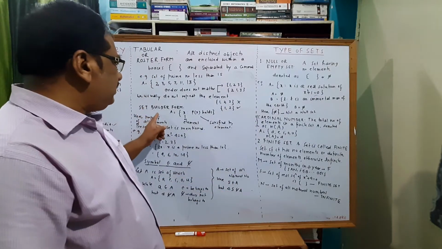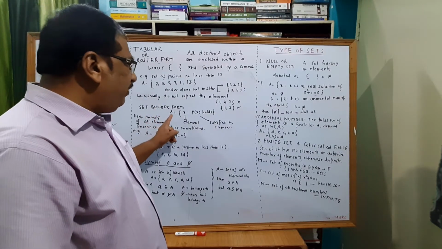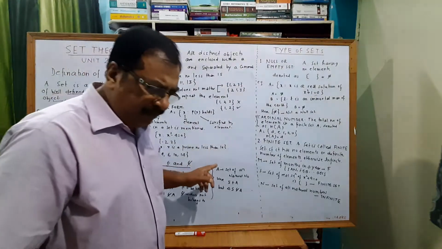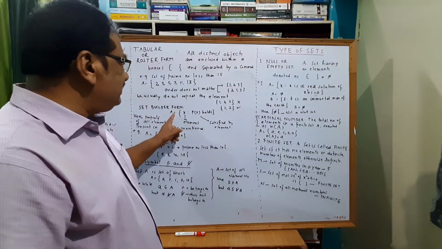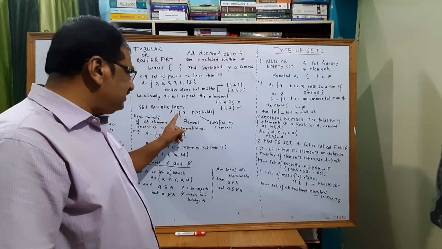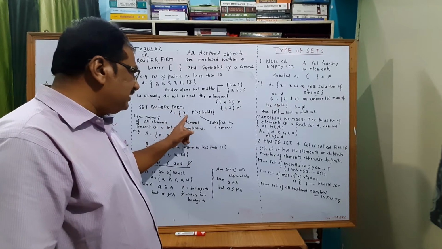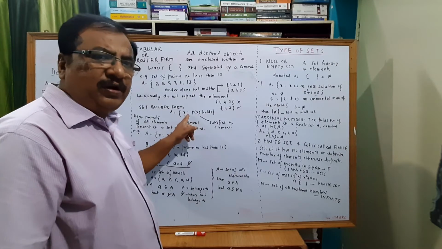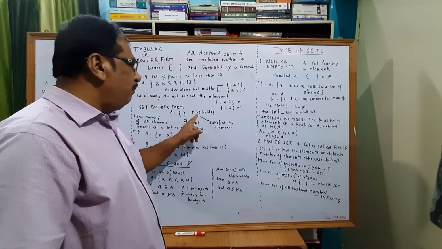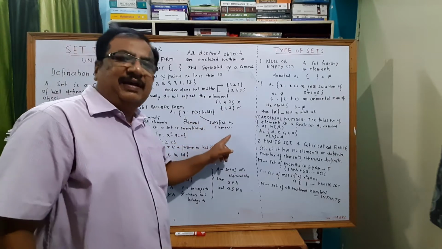Now come to set builder form. This is the structure of set builder form: A is the set of all x such that P(x) holds. Try to read it: A is the set of all x such that, where this is the sign of colon, P(x) holds. P(x) means the property satisfied by the elements.